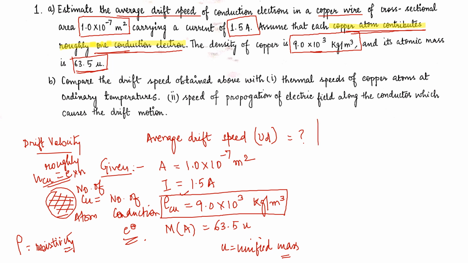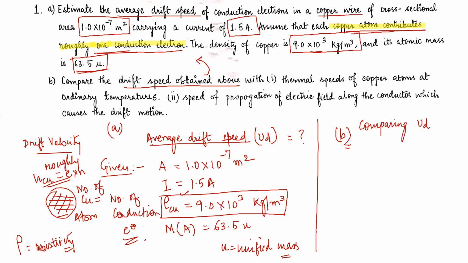Now we will decode part B of our question. In A, we need to find the average drift speed. These are all the information provided. Now part B: compare the drift speed obtained above. Comparing Vd with the thermal speed of copper atoms at ordinary temperatures.